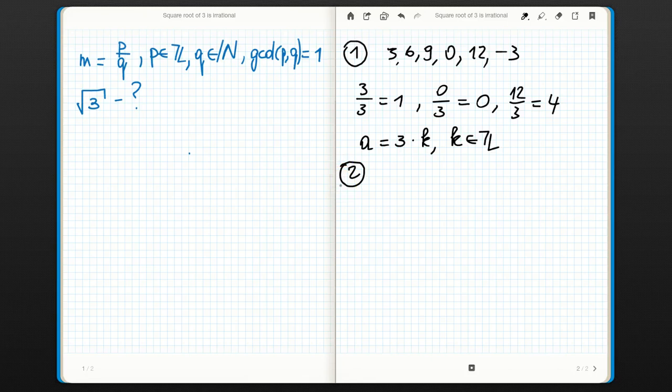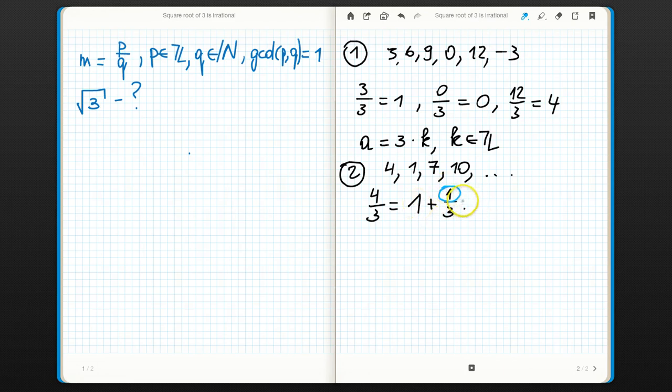The second part are the numbers such that if you divide by 3, you have a remainder equal to 1, for example 1, 4, 7, 10, and so on. An infinite list. How can I write these numbers? First of all, 4 over 3 is 1 plus a third, and this third has 1 in the numerator, which is the remainder.